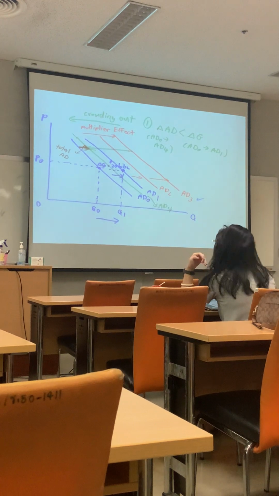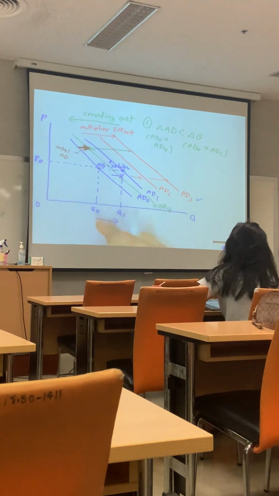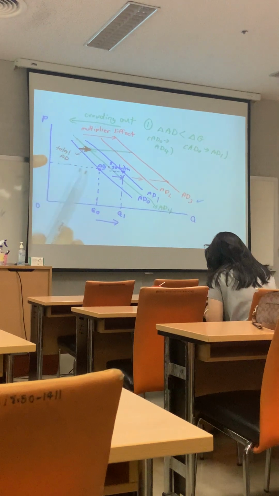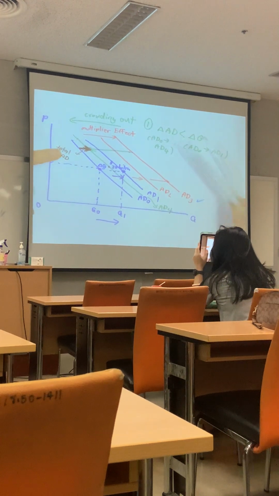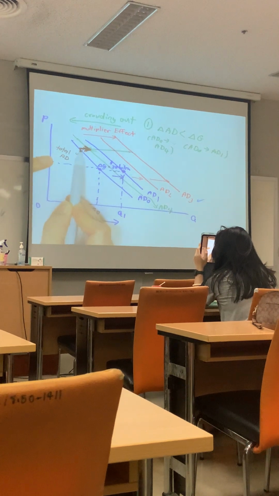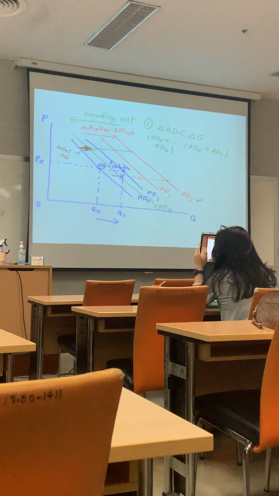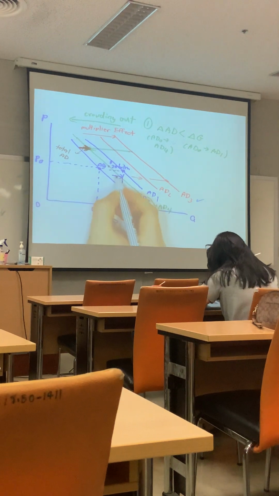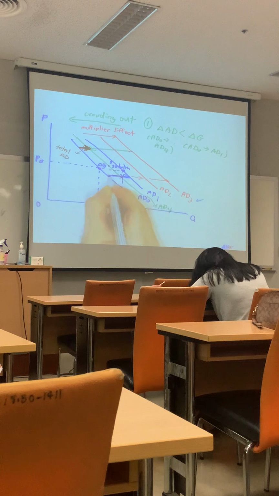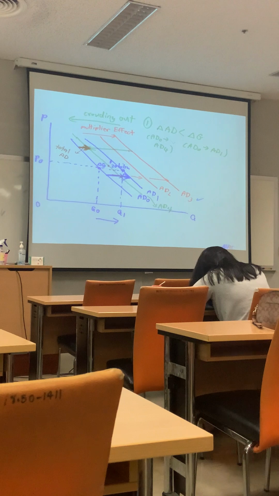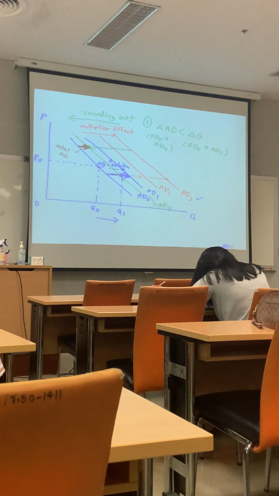So if you see the range of the total change, in the first case when crowding out is a lot, the change in AD, which is just this gap, is less than the change in G, which is here, from AD0 to AD1. So if crowding out is a lot, AD can change less than the G change.